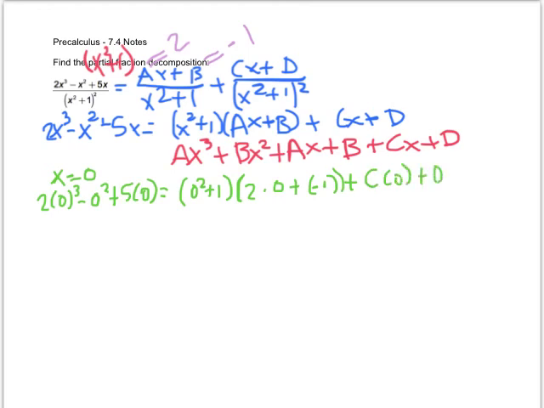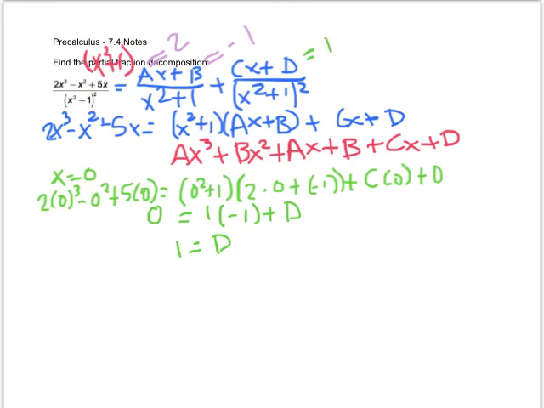And what ends up happening is I'm going to have 0 times all of this. So this guy's gone, and that just leaves me with that d part. Actually, this will be a 1 right here. So what I'm going to have is 1 times -1 equals 0 plus d. So my d is going to be equal to 1.